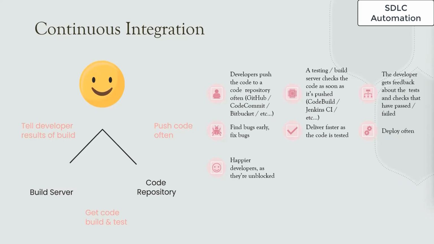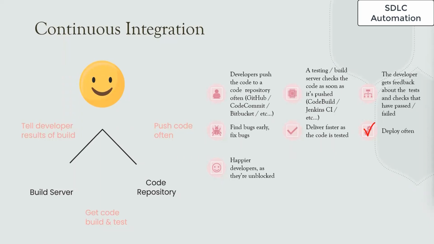What is happening in this overall journey? The developers get the feedback as soon as possible. As a result, they will be able to find bugs at an early stage and fix them as soon as they are found. This results in delivering faster as well as tested code whenever we are doing the deployment.